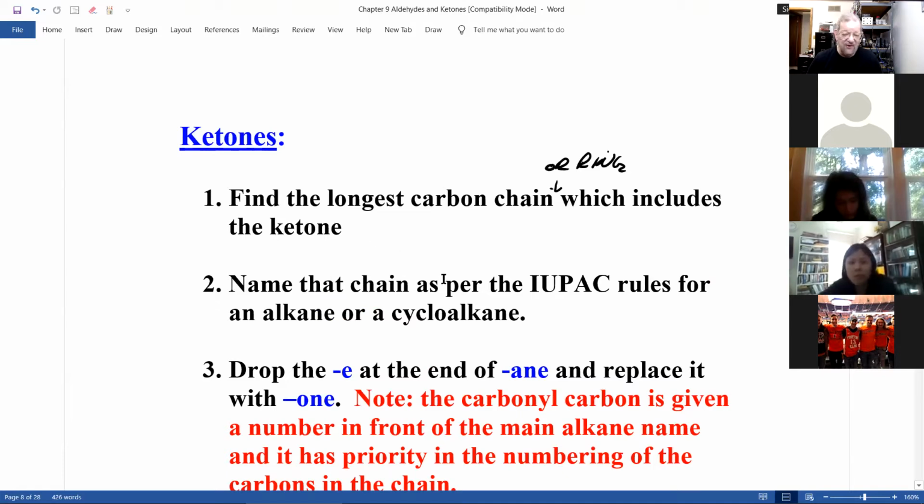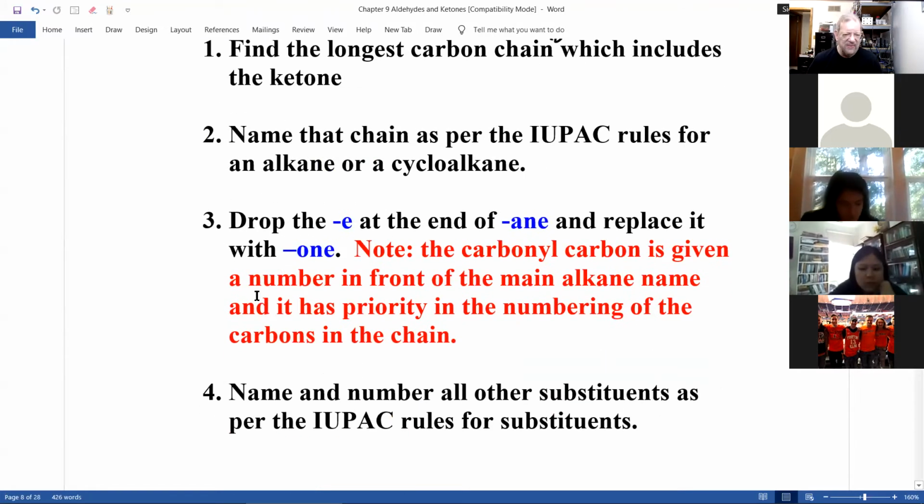Name that chain or ring as per the IUPAC rules for alkane or cycloalkane. Now, drop the E at the end of the alkane or cycloalkane name and replace it with ONE. And then the carbonyl carbon is given a number in front for alkane names. It has priority, meaning it always gets the lower number, closer to the end of the chain.